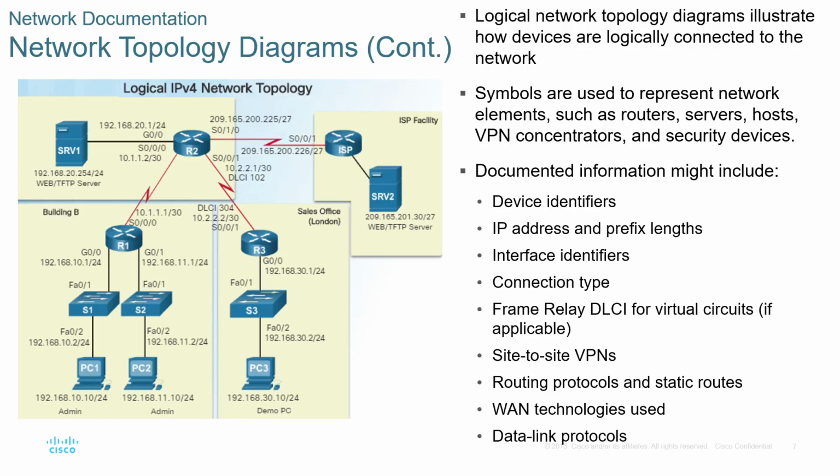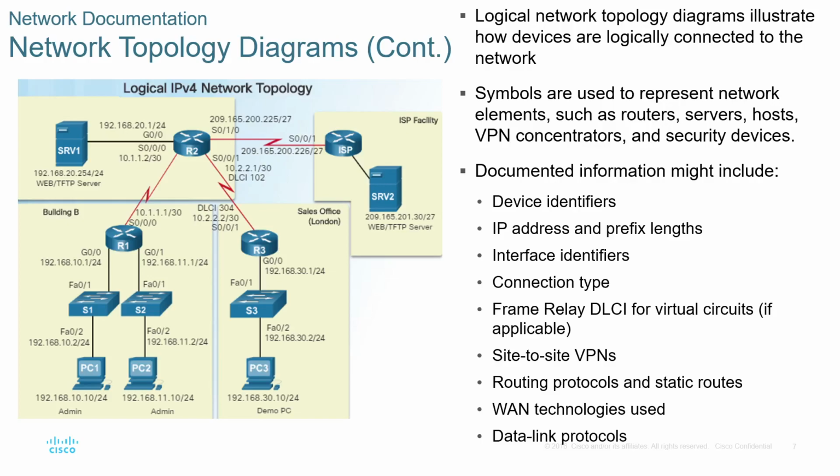Now, in the logical topology, we're also going to have information about the device identifiers, the services that are running on certain devices, the name of the devices. Now, if the devices belong to a certain VLAN, it's also going to tell us as well. It's going to tell us the connection type as well, the frame relay DLCI for virtual circuits, if they exist.